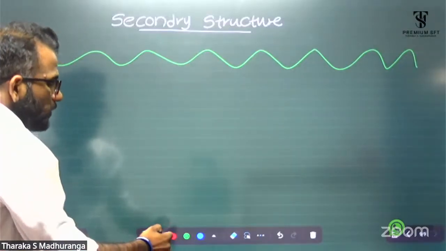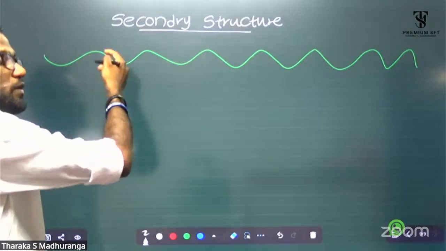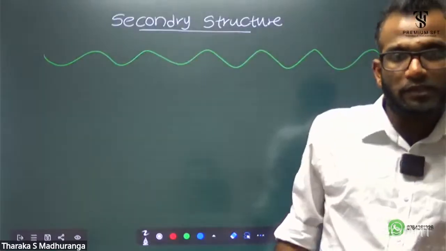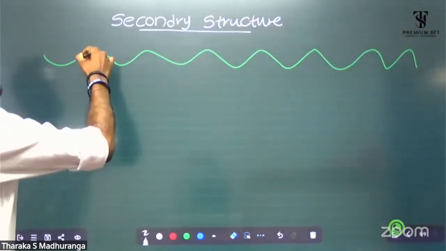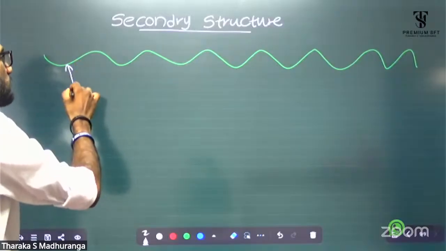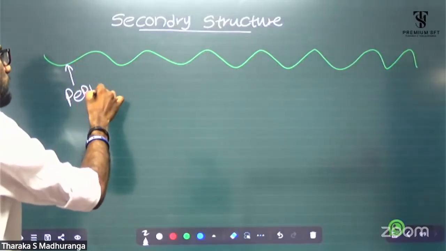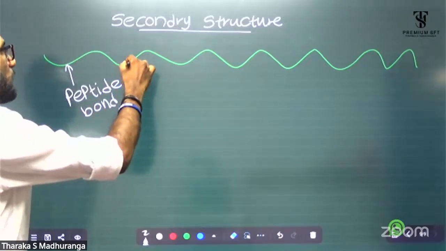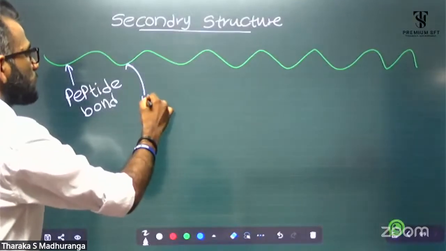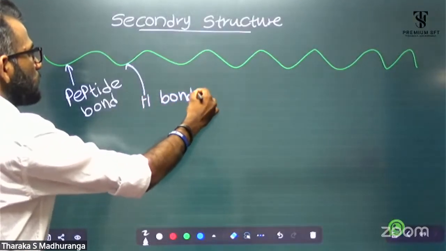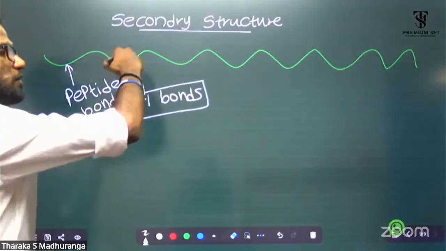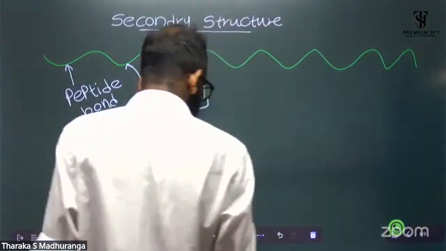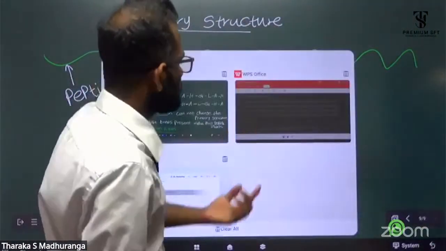Now, the other important thing: in primary structure there are only peptide bonds between amino acids, but in secondary structure, peptide bonds plus hydrogen bonds form. That's why it forms as a helix chain. Let's read.